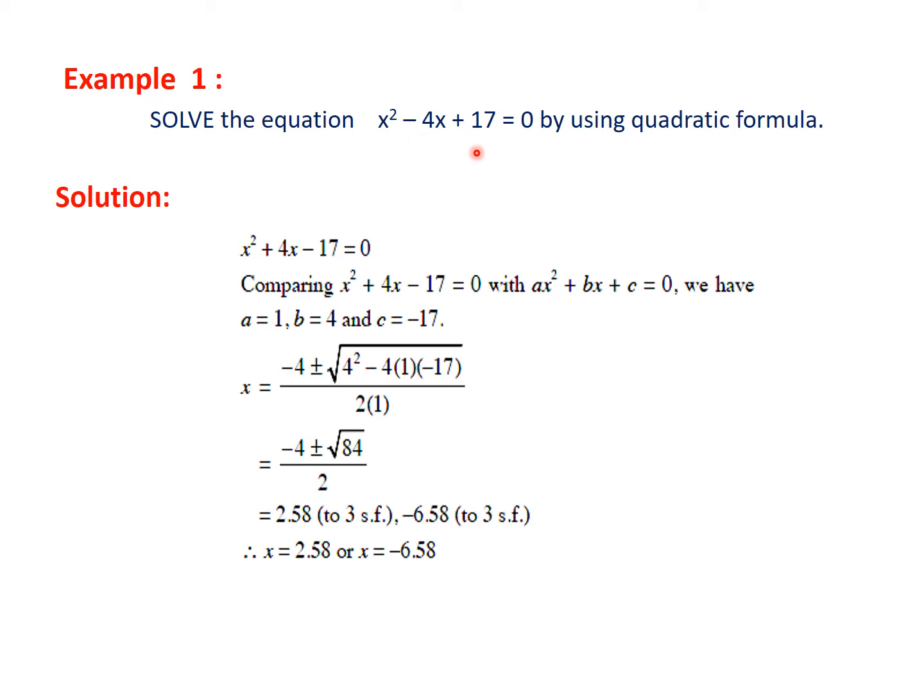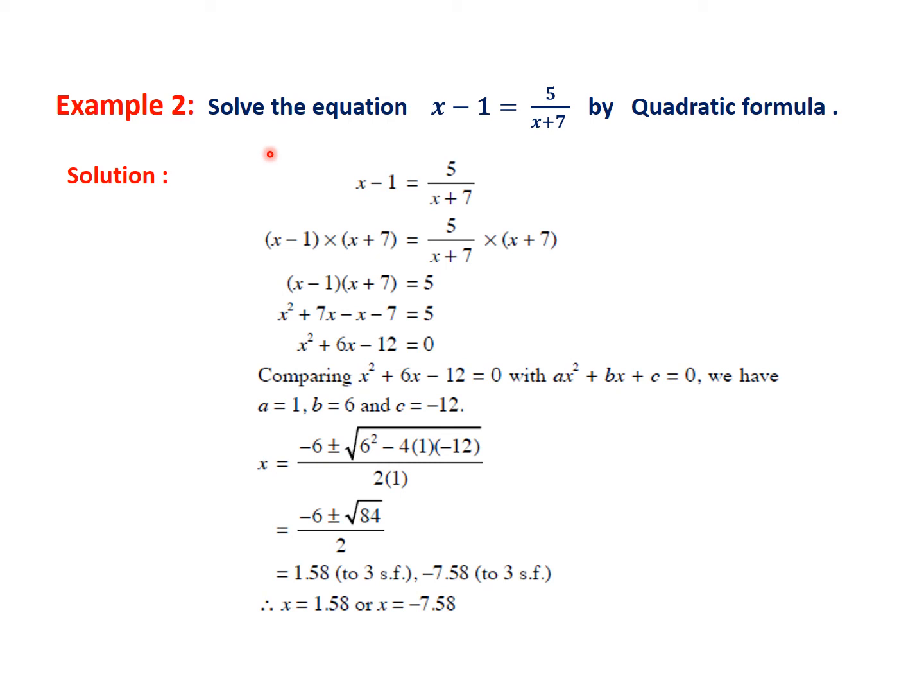And note all these must be on one side, or you can say equation must be in standard form. Now taking here values of a, b and c, we apply the formula directly. Minus b plus minus under root b square minus 4ac over 2a. We use here values and simplify to get these two answers.